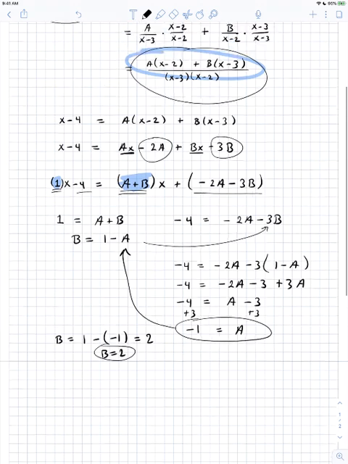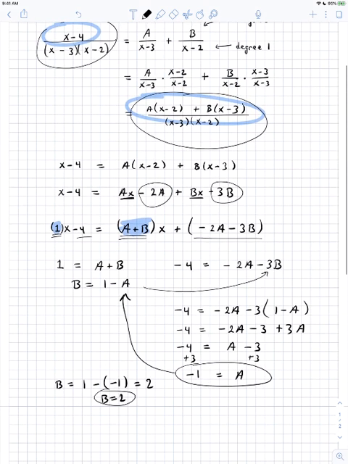So now we know that x minus 4 divided by x minus 3 times x minus 2 is equal to a, which is negative 1 over x minus 3, plus b, which is 2 over x minus 2.